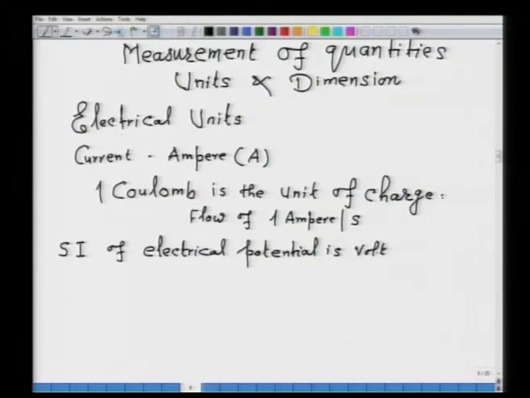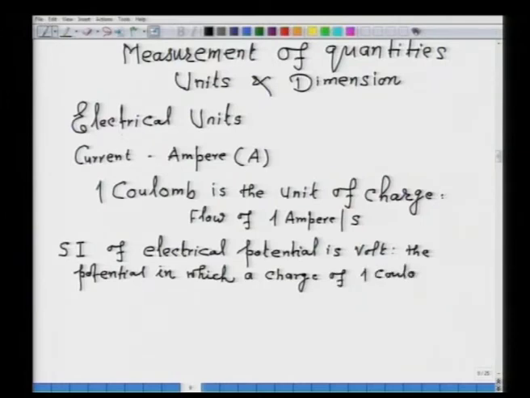I think all of you know, volt is the potential in which a charge of 1 coulomb experiences a force of 1 Newton. Now, this is what about the volt.